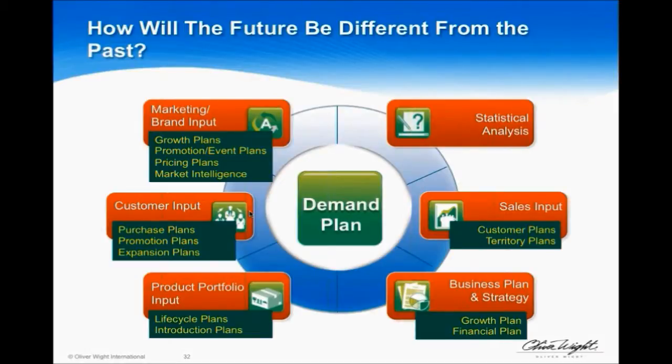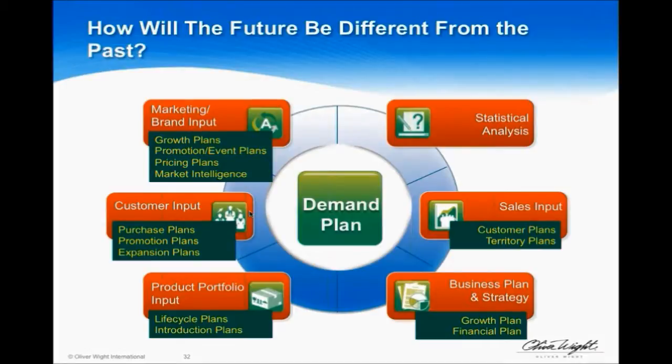For marketing and brand management, it might be what are the growth plans, the promotion plans, the pricing plans, what market intelligence have they gathered. For sales, of course, is what are the customer plans and the territory plans.